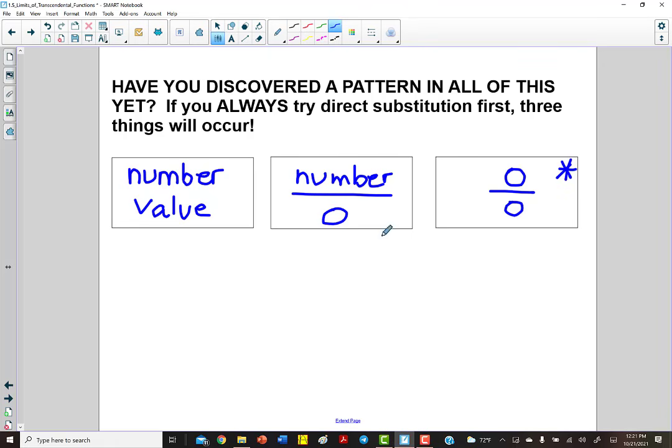Now this one is called indeterminate form. And when you get indeterminate form, you need to do one thing, and that is to inspect the one-sided limits.